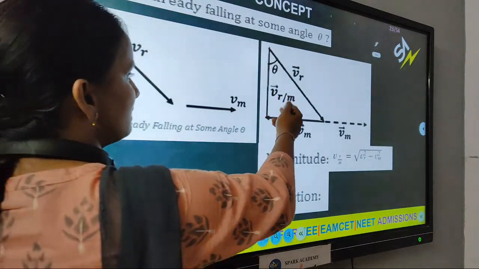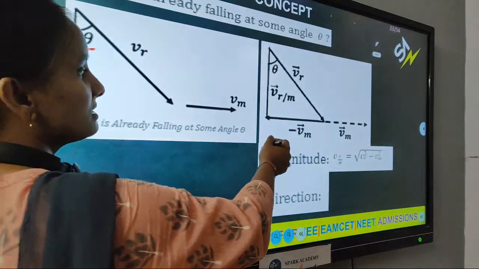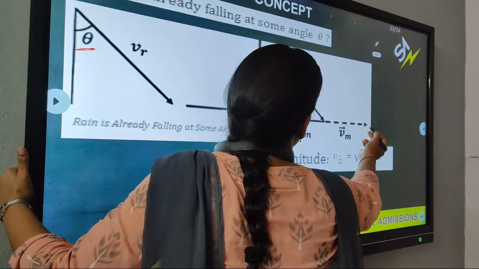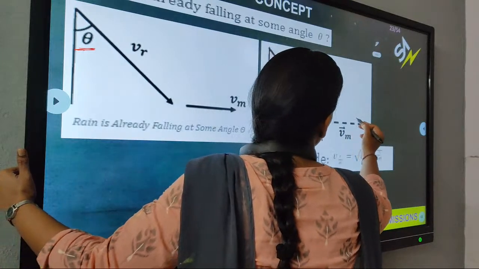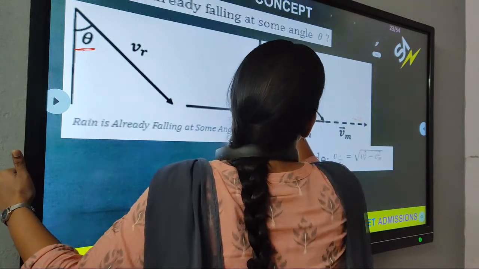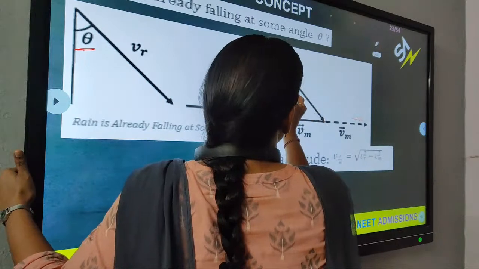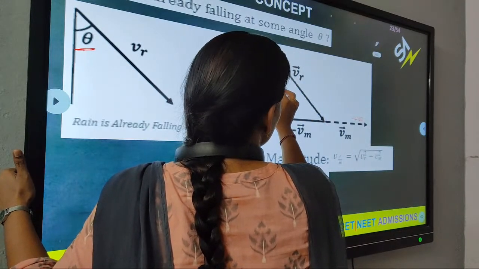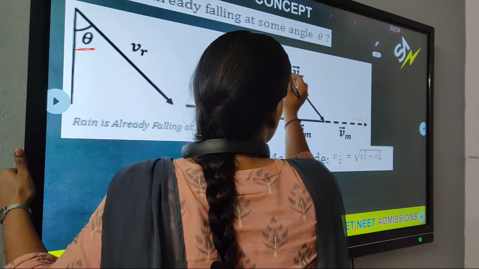And this is the vector notation with the directions. So velocity of man is along the positive x direction, and rain is falling making angle theta with the vertical.